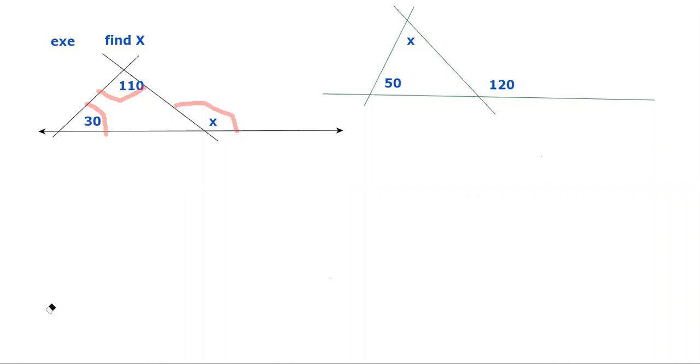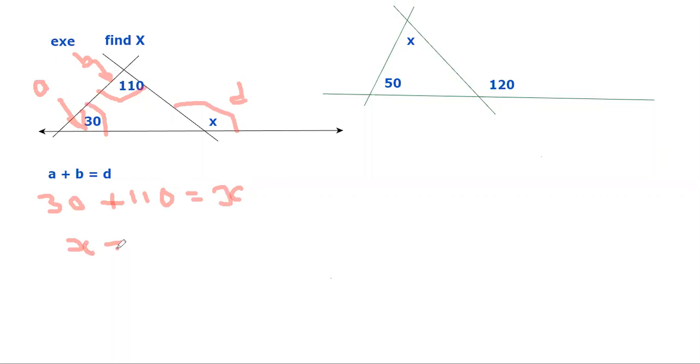I'll start by saying that A plus B is equal to D. This is your A, this is your B, this is your D. So you know that 30 plus 110 is equal to X. So X is equal to 140. And that is done. You're done.